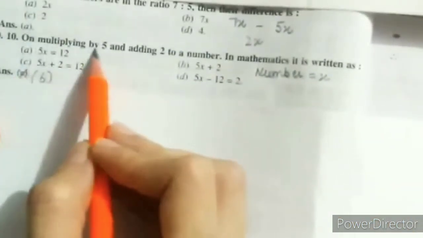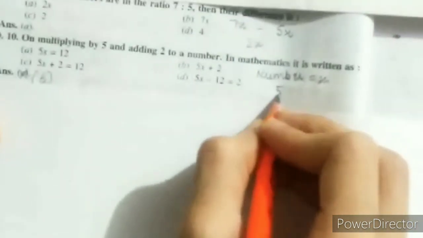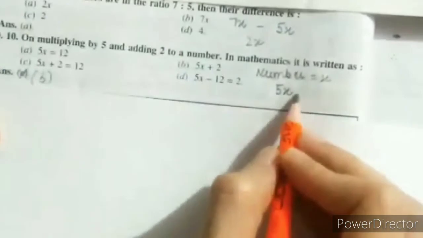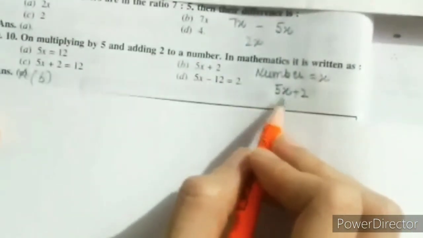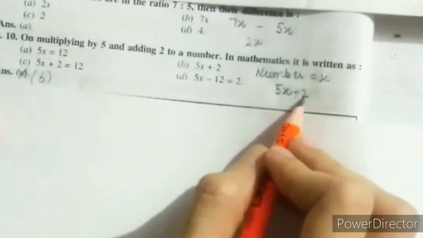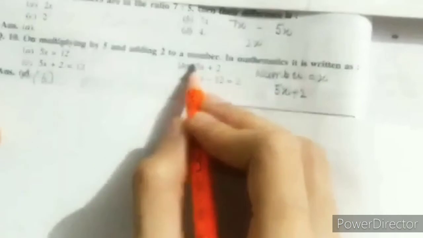On multiplying by 5, 5x, and adding 2 to a number, that is plus 2. This is the mathematics form, that is the expression form of this statement. That is option B, 5x plus 2 is the correct answer.